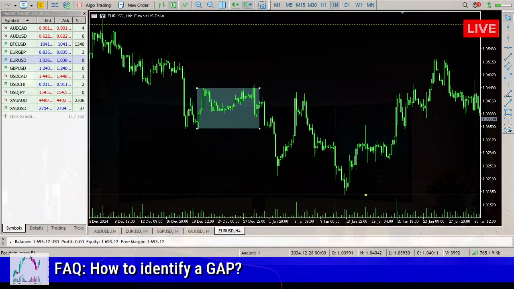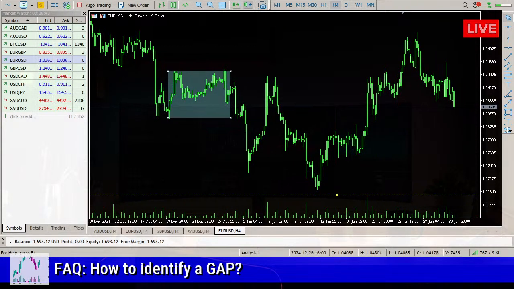Next, we need to verify if this range is valid for the 4-hour chart by dragging the box, the same size, to other ranges.